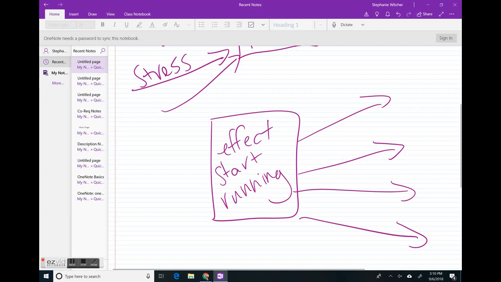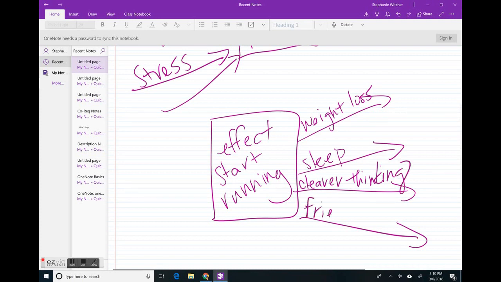And so, I can talk over here about weight loss, better sleep, okay, clearer thinking, friendship. Now most of my friends are runners, okay. Even I have really awesome t-shirts now, so that's a great effect of running, is I have a really great running wardrobe now.